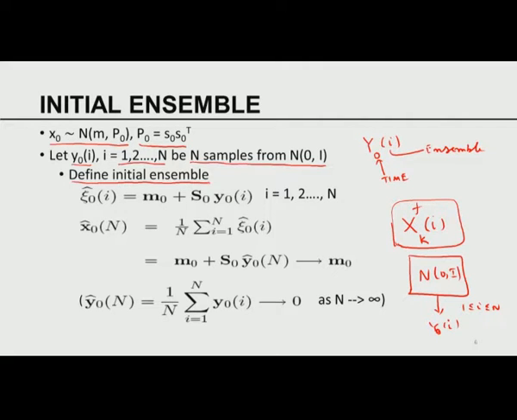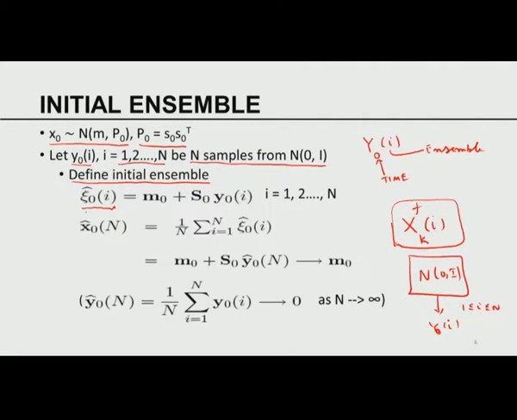So now I am going to introduce another symbol. We will use x for the state, and we are going to use xi for the ensemble. So xi 0 i hat. What does it mean? This is, at time 0, the ith member of the initial ensemble, and the hat represents that it is the initial analysis ensemble.